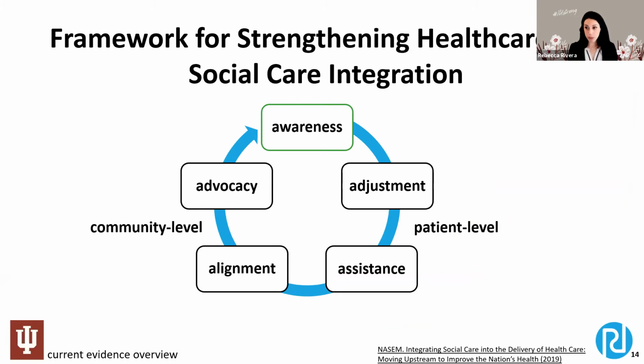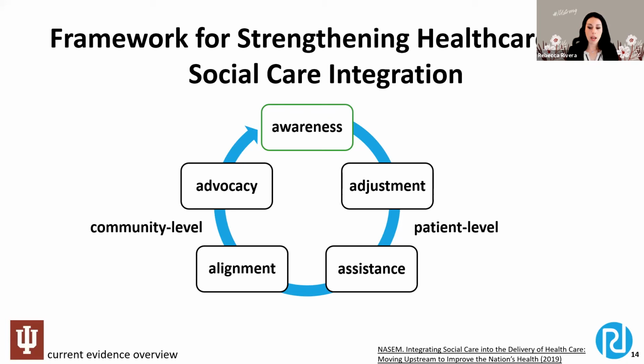So with this emerging research, there was a need to provide a framework to guide not only the research, but to guide the implementation of activities around addressing social determinants of health, and any one of those specifically.